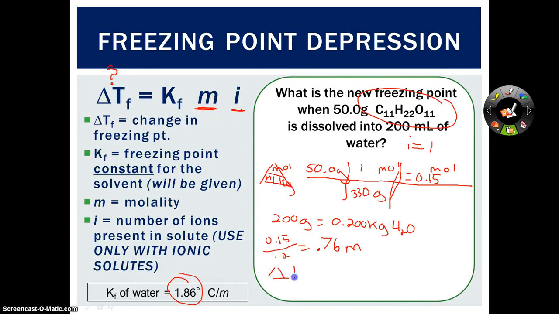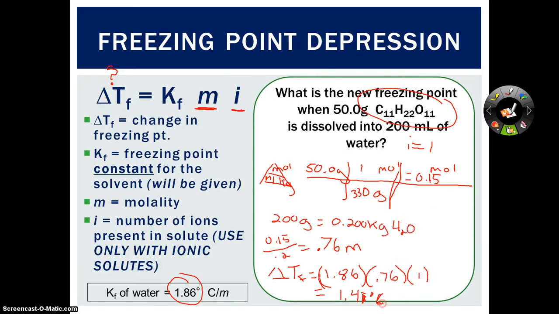Delta T of freezing is Kf, 1.86, times m, which is 0.76, times i, which is 1. I have 1.86 times 0.76 times 1, which gives me 1.41 degrees.